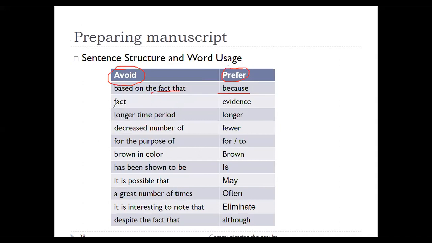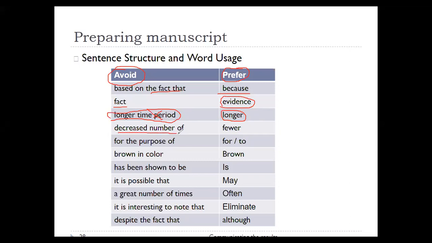Or the fact च्या ऐवजी we should use the evidence, right, from it is evidence that, or longer time period. याचा अर्थच काय, longer means a time period, so it should be avoided. Such phrases should be avoided.